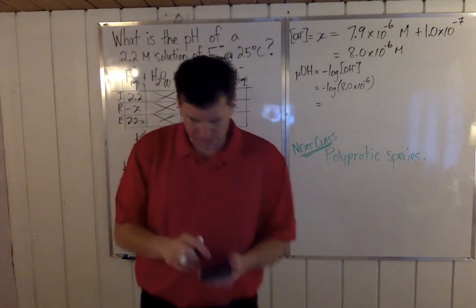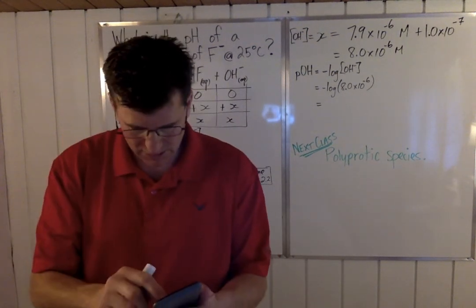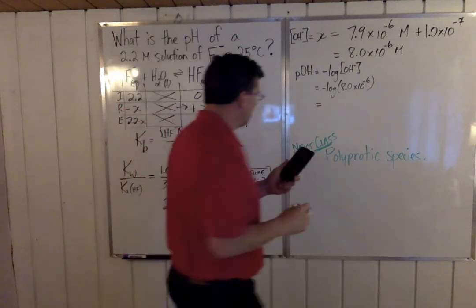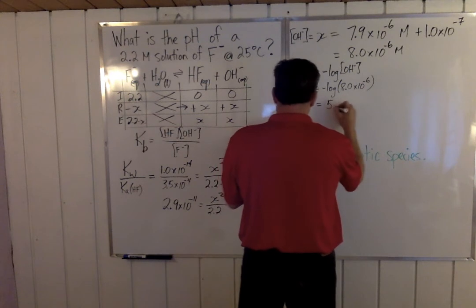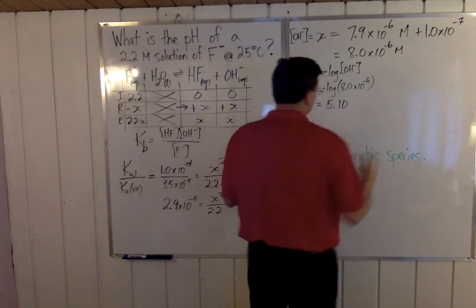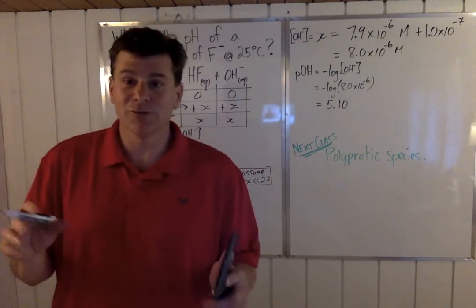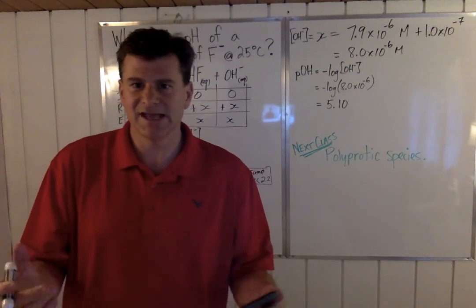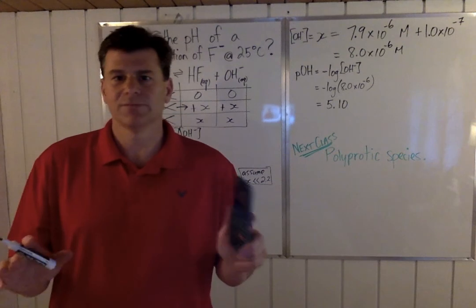Let's take the log of our answer, and I get 5 point, and there's 2 sig figs, so it comes out to 5.10. Now, don't let your brain freak out. 5, oh my goodness, it's less than 7. This is a pOH. So don't freak out.